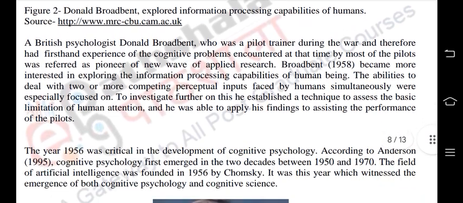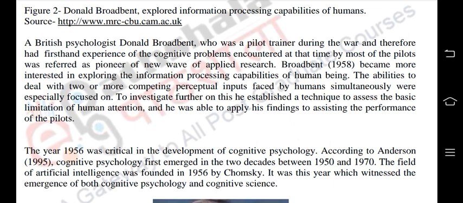A British psychologist, Donald Broadbent, who was a pilot trainer during the war and therefore had first-hand experience of the cognitive problems encountered at that time by most of the pilots, was referred to as a pioneer of a new wave of applied research.